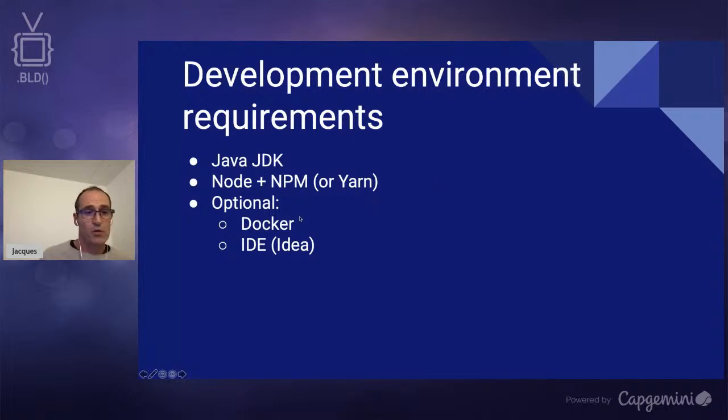Some of the supporting tools are leveraging Docker, if you want to spin up a Prometheus server or Grafana or your databases for that matter. And then obviously you have the choice of what IDE you want to use. As I said before, it's leveraging Maven or Gradle on the backend, so the IDE is not that important. But my IDE of choice is IntelliJ IDEA.